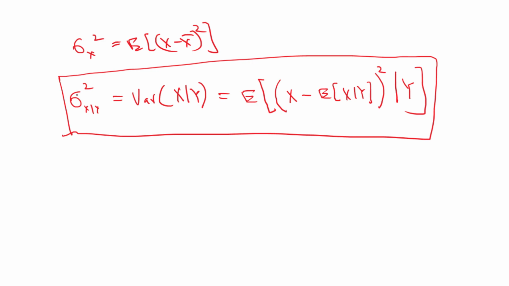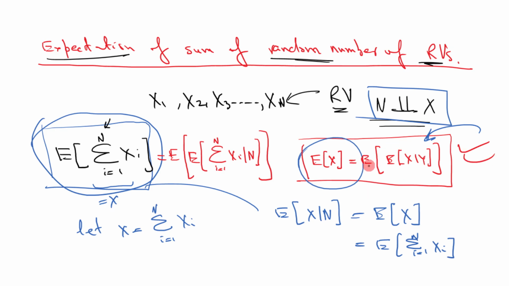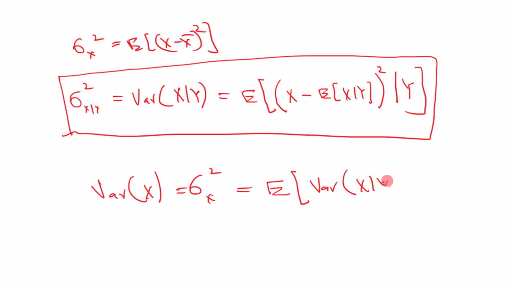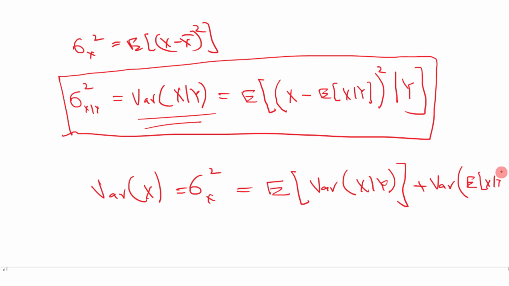So like the property that we have just seen for the average, that is, the expectation of x given y is equal to the expectation of x, similarly, the variance of x, or sigma x square, is actually equal to the expectation of the variance of x given y, plus the variance of the expected value of x given y.